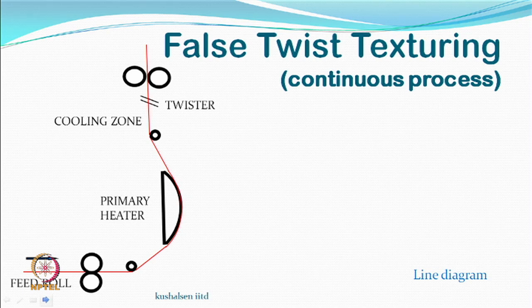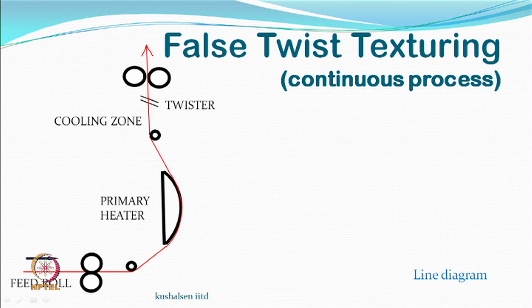Can we do something in the false twist texturing also, which is a continuous process? Just to revise, we have a feed roll, you are feeding the yarn, then you have a heater, the yarn moves over the surface of the heater, gets heated to a particular temperature, and then it gets cooled.